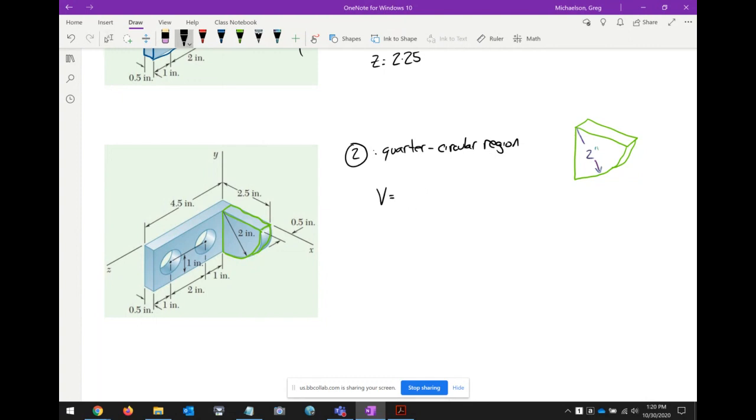Okay, so somebody help me out. Can somebody compute the volume of this region? And maybe another thing I should add, this dimension here is still a thickness of a half inch. Maybe I'll use my little Galaxy pen for that so that it shows up a little more clearly.